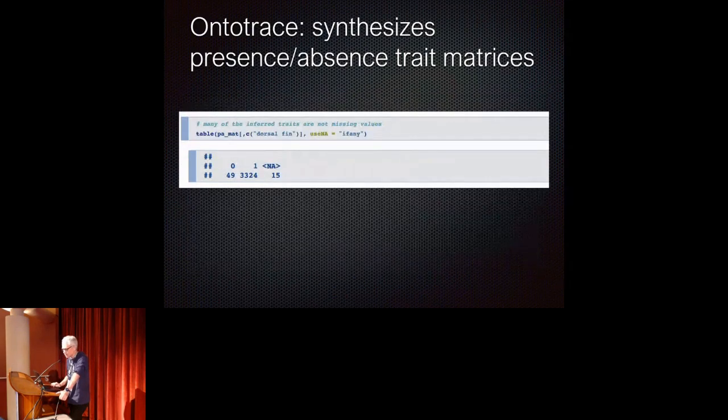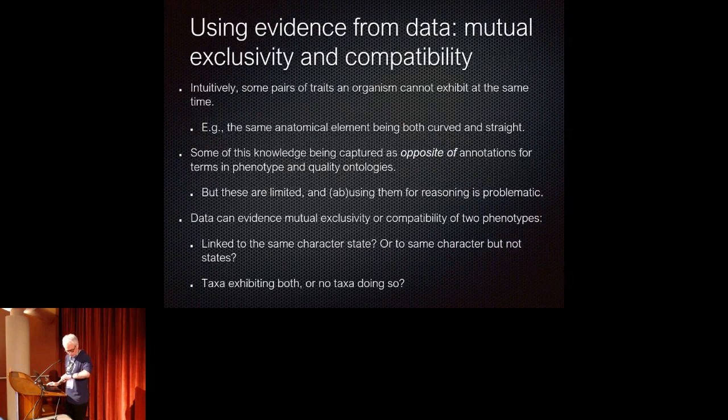And so just as an aside, most of these inferences are not missing values, right? Most of these inferences are actual presence or absences. I can also use the data instead of the actual anatomical knowledge to obtain evidence for whether two phenotypes are mutually exclusive with each other, right?